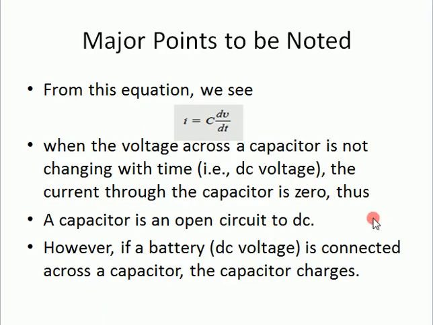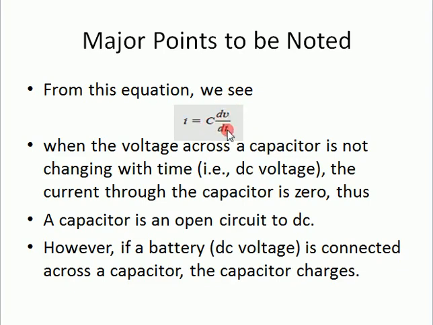Now there are some major points that we must know. This is the equation I is equal to C dV over dt. From this equation we see that if the voltage across a capacitor is not changing with time, then the current in the capacitor is zero.